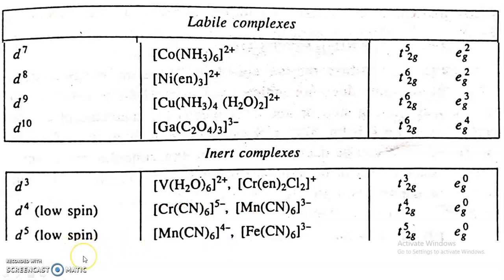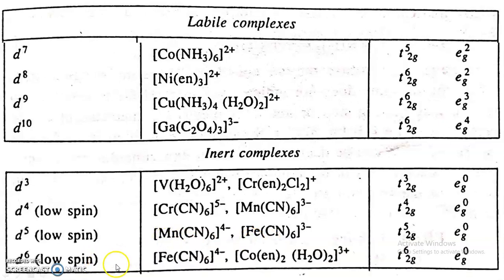Similarly, d5 low spin complexes of manganese and iron are also inert. And d6 low spin complexes of iron and cobalt are also inert. Remember, all the d3 complexes are inert, and d4, d5, d6 low spin complexes are inert. So this is about the inert and labile complexes.